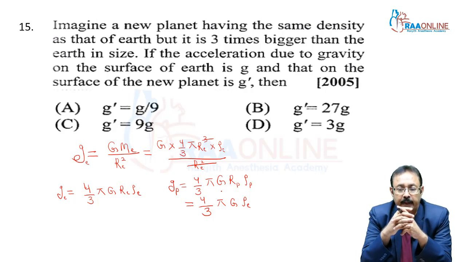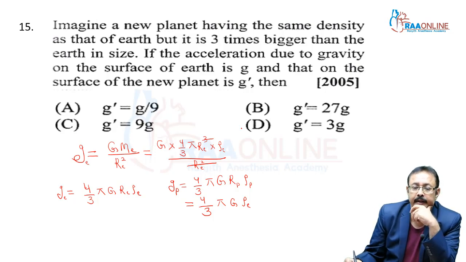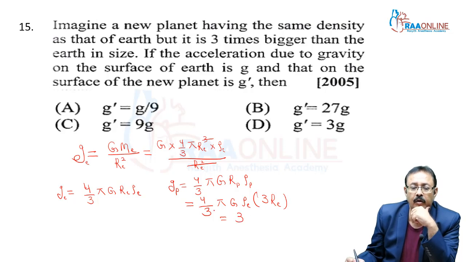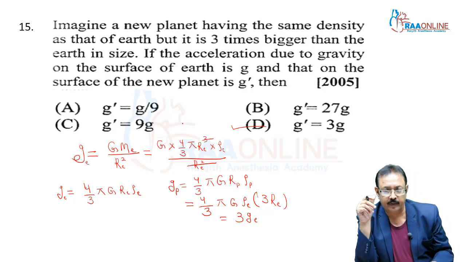And radius plays a role in the numerator only. So for the planet, size is 3 times bigger, so we are putting 3Re. So what are we getting? All physical quantities which we used in G, only an extra 3 is there. So we are writing 3G. So we got the option D.